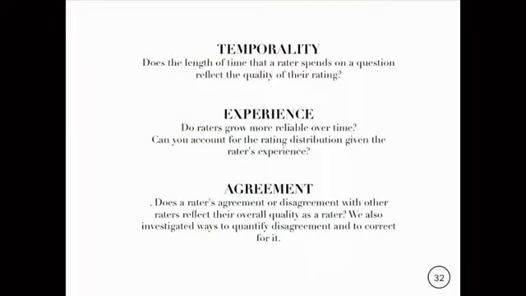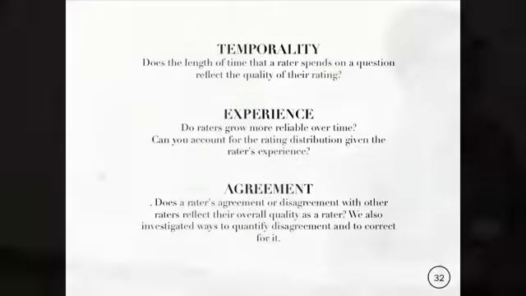I looked at them from three different angles. First, I asked whether the amount of time that somebody spends on a contribution, so in my case, making a classification, reflects the quality of that contribution. Secondly, I asked, do contributors grow more reliable over time?